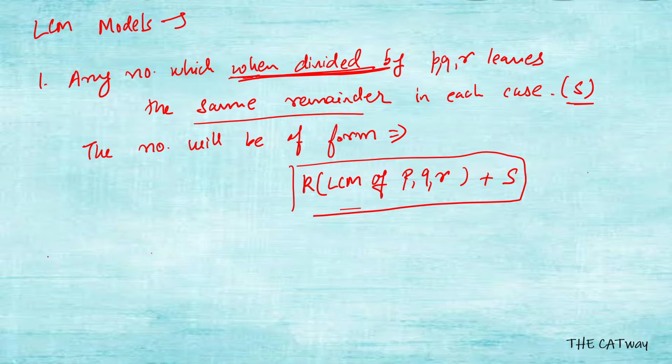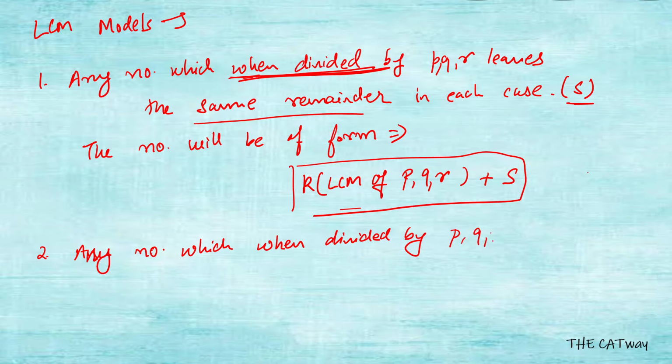Now let's move to the second form, again an LCM model. Any number which, when divided by P, Q, R, leaves remainders S, T and U, that is three different remainders.